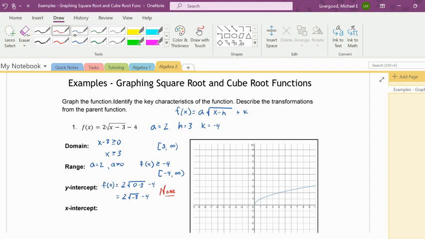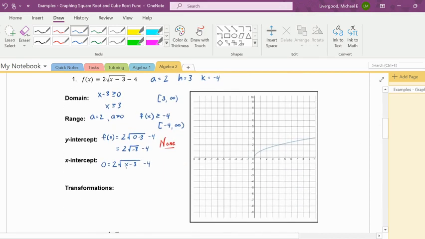When we look for the x-intercept, what we're saying here then, we're substituting 0 for the y value. So we're going to have 0 is equal to 2 times the square root of x minus 3, minus 4. And so for this, we are just solving for x. We want to know the x value that produces a y value of 0. So we add the 4 to the other side of the equation.